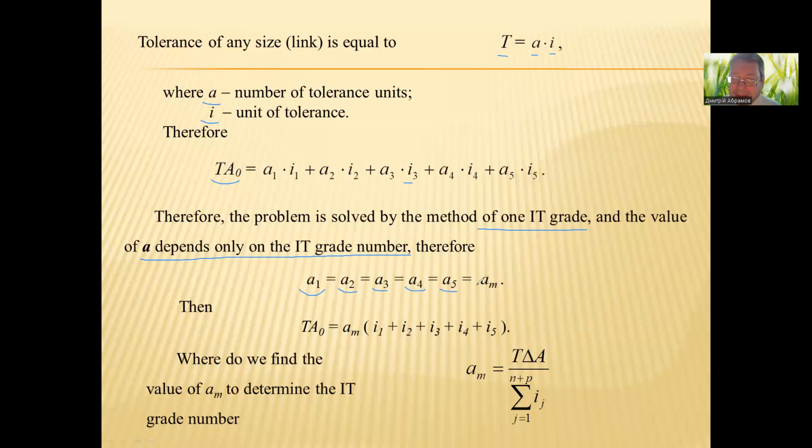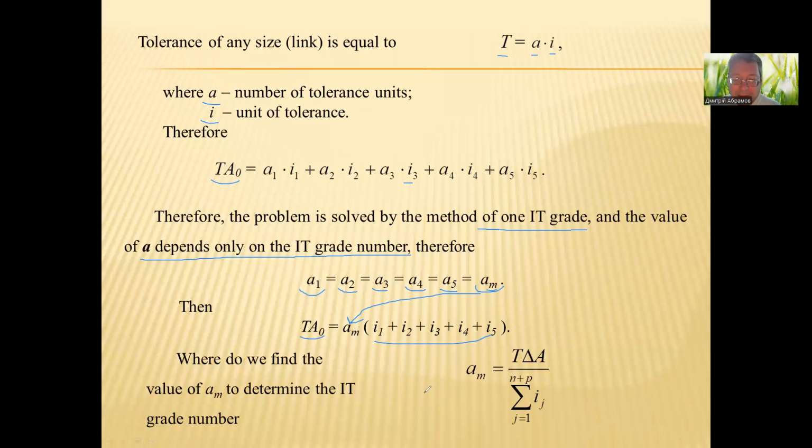Let's say all these parameters are equal to A suffix m. Then the tolerance field of the initial link A suffix 0 will be equal to A suffix m multiplied by the sum of I from I suffix 1 to I suffix 5.